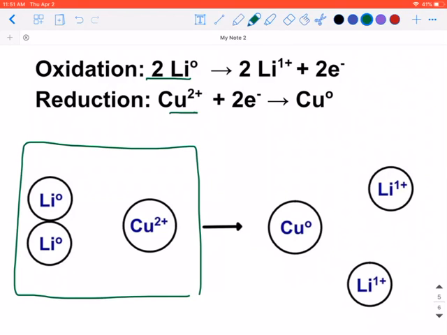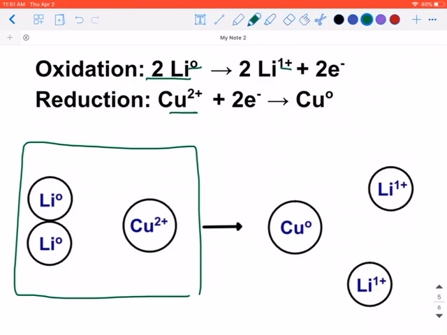Keeping the amount of each of these atoms or ions correct, 2 to 1. Lithium changes from 0 to +1. So if you think about it, how many electrons does that lithium atom lose?